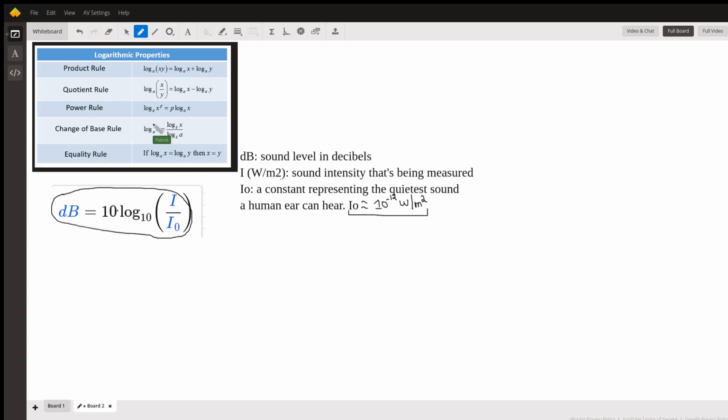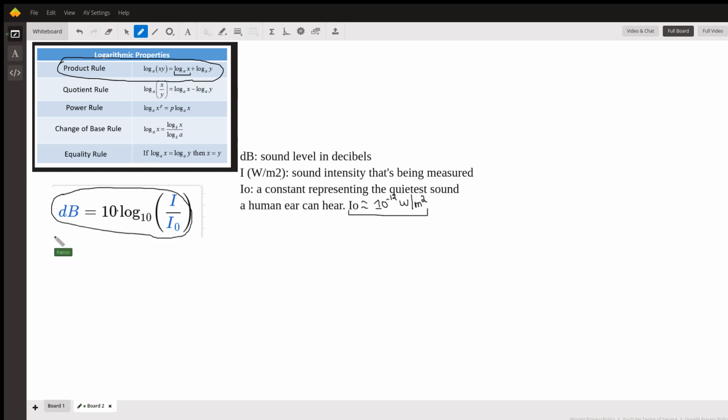And we're going to use the product rule, because as you can see, let me circle it. The log of a product, so log of x times y, is equal to the sum of the individual logs. So log of xy is equal to log x plus log y.